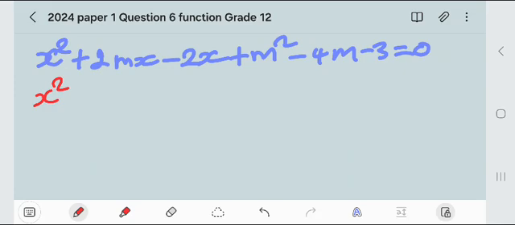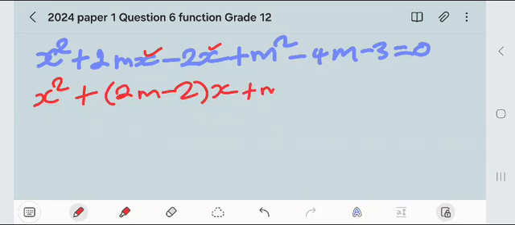If you check here, x and x, and also 2 is common, but I just want to take out x. I will tell you why I'm taking this. It will be 2m minus 2. Then I take out x as a common factor like that. Here we're left with what?